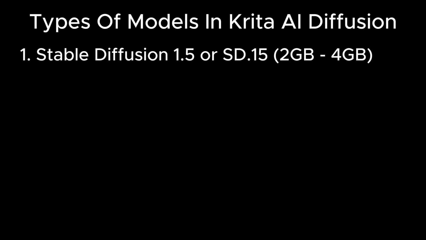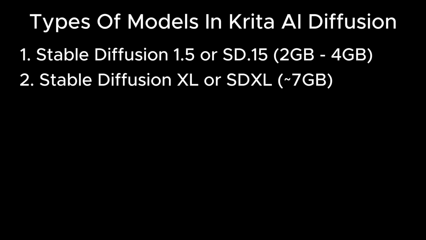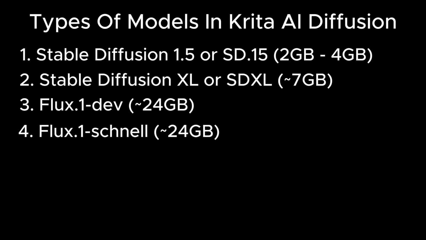A new model was introduced later and was named the XL model. Similarly, there is a Flux model which is larger than the XL model. The Flux has the normal version named Flux 1 Dev. And then there is a faster model named Flux 1 Schnell. These are the types of models used in Krita AI Diffusion inside Style.